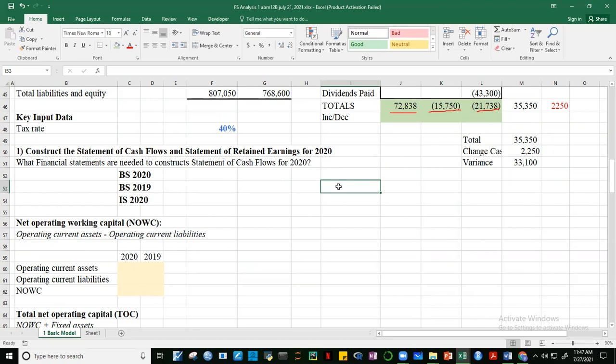We should use fixed assets at cost. Let me illustrate this with hypothetical values. Suppose the fixed assets at cost in 2020 were 100, and in 2019 only 60. So what does that tell us?